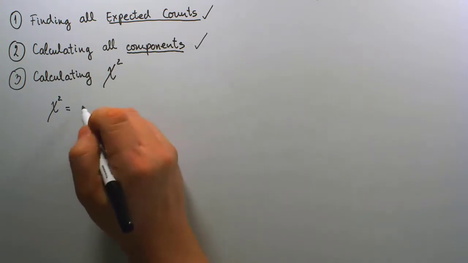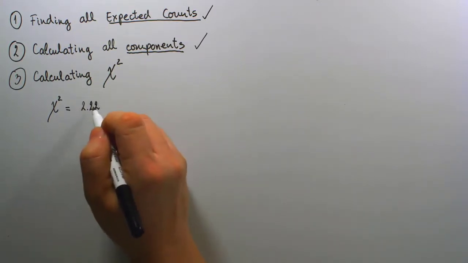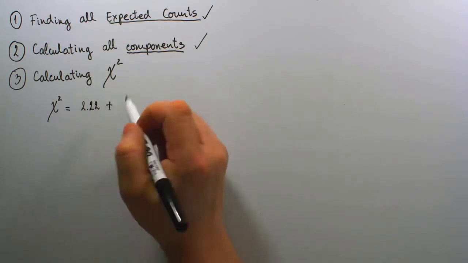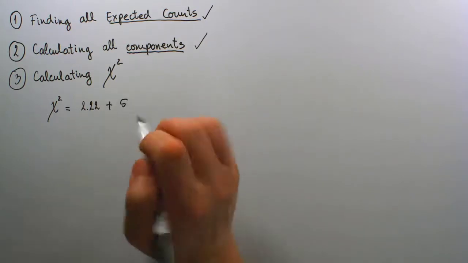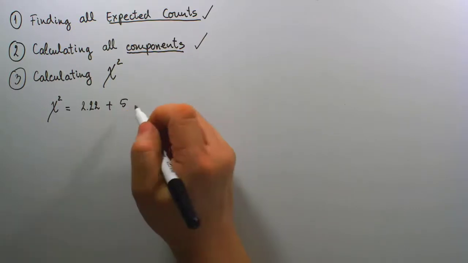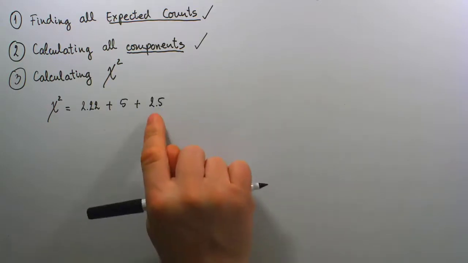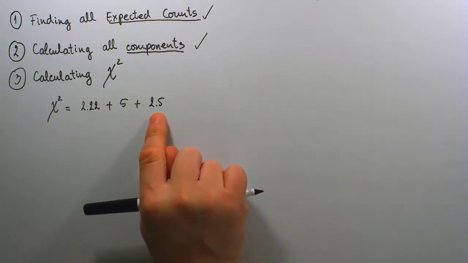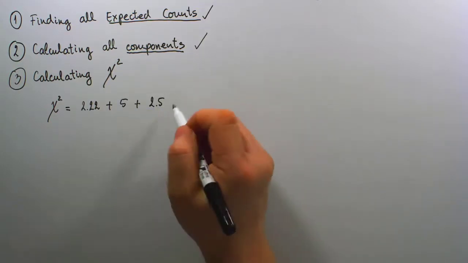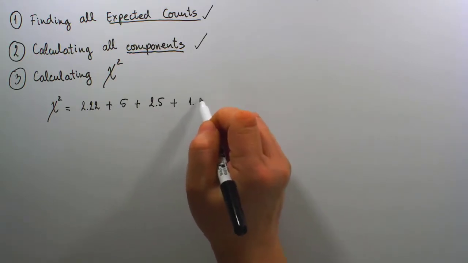And so 2.22 is our first component, row 1, column 1, plus 5, the component in our next entry, row 1, column 2, plus 2.5, the component in our third entry, namely row 1, column 3. Now I'm going to add the component in row 2, column 1, 1.48.